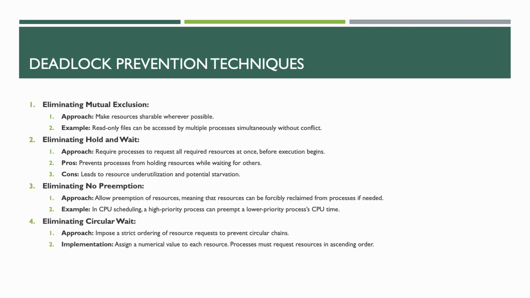So processes must request resources in ascending order, never in a cycle. For example, if a process requests a printer 1, it cannot later request memory 3 before releasing the printer. This method effectively breaks the circular wait condition but restricts the flexibility of process execution.